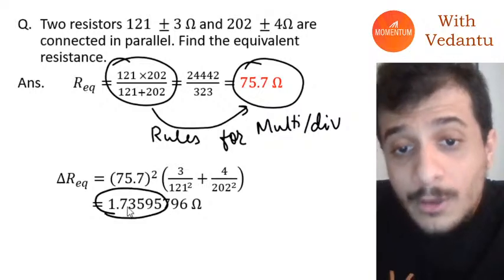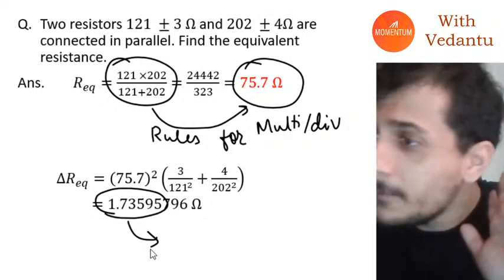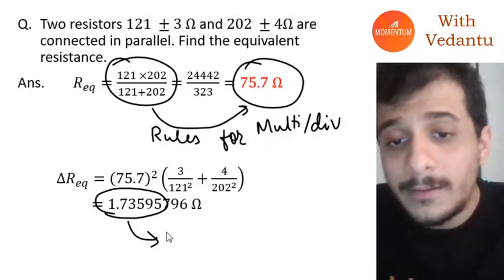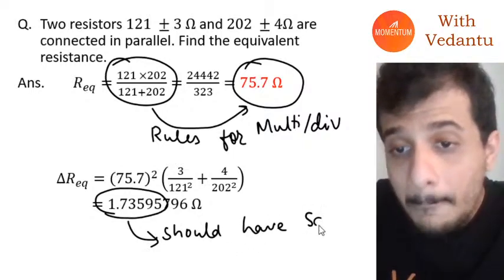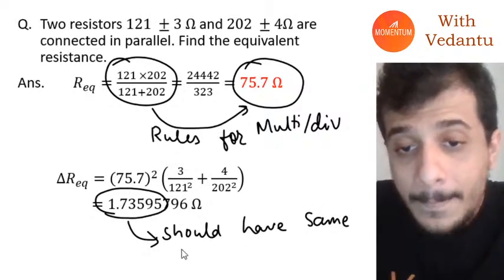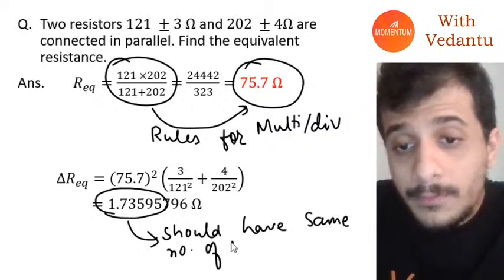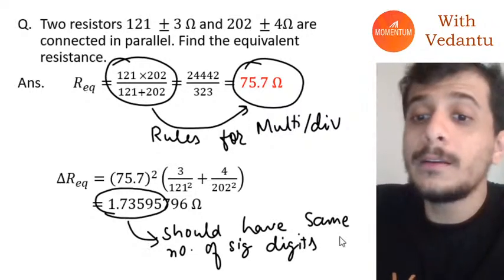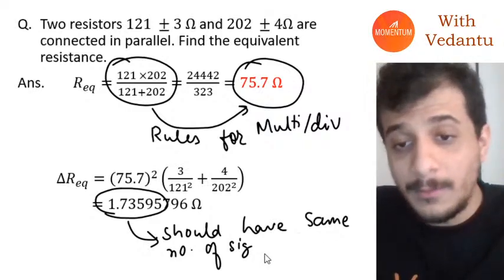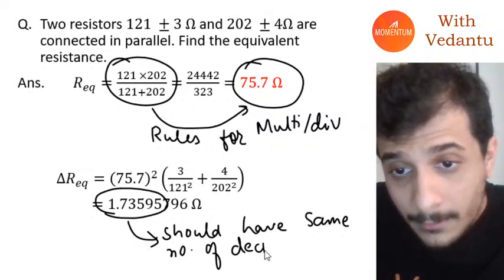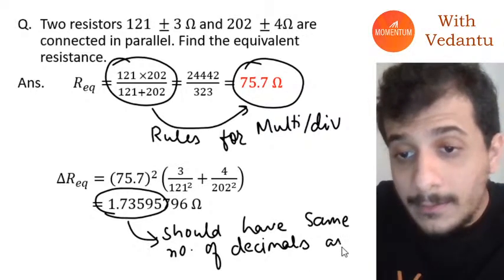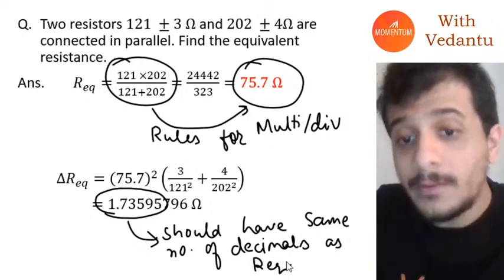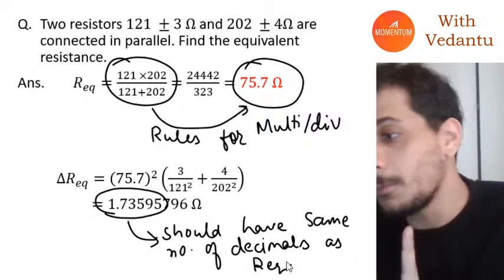Now here there is only one criterion: the error should have the same number of decimal digits, sorry, not significant digits, the same number of decimals as the equivalent.